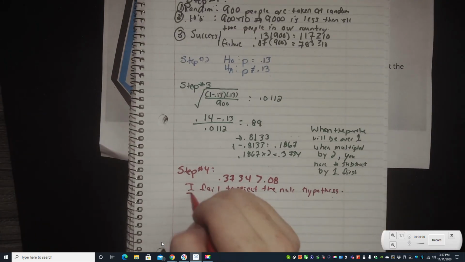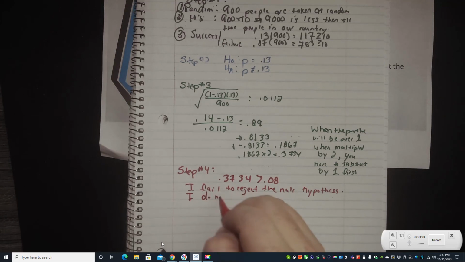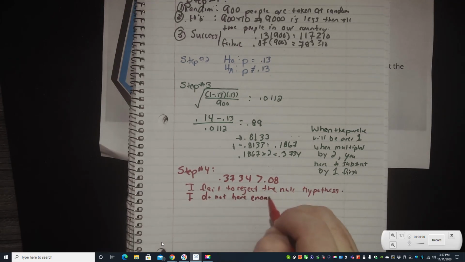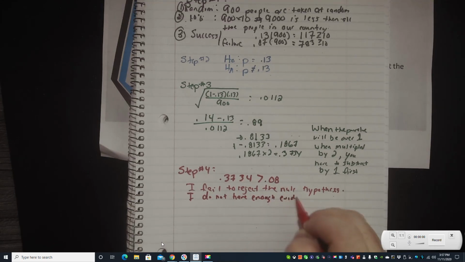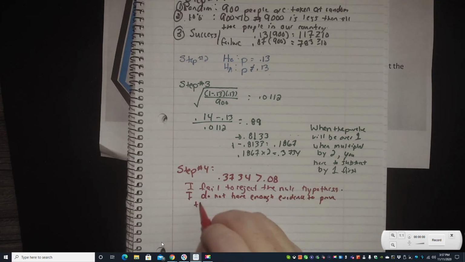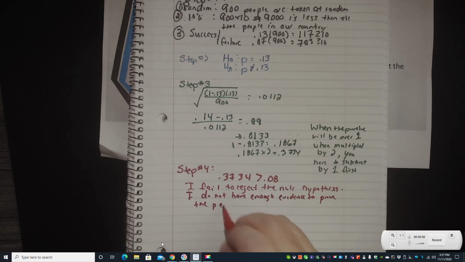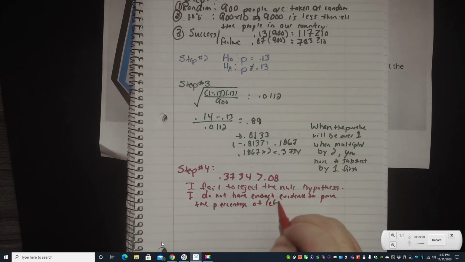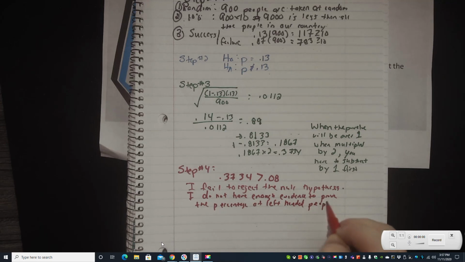Let's see, I do not have enough evidence to prove the percentage of left-handed people is different.